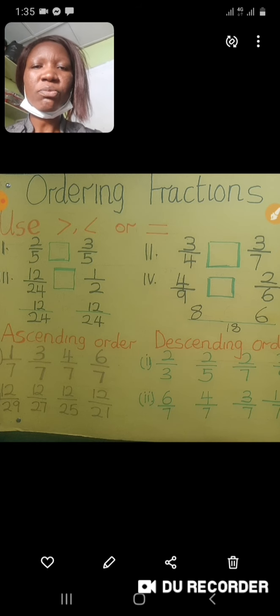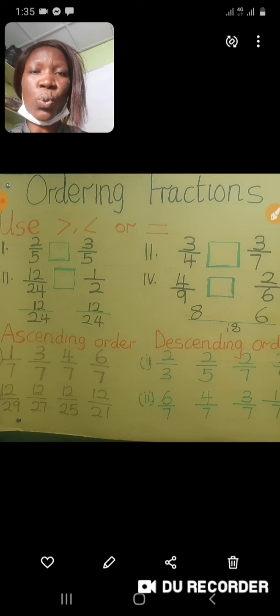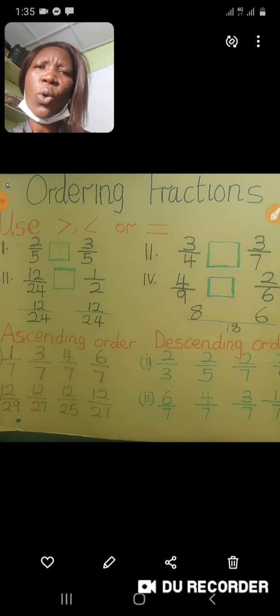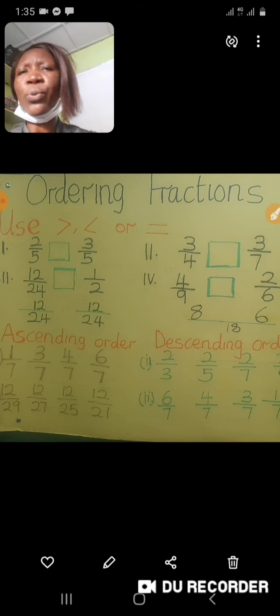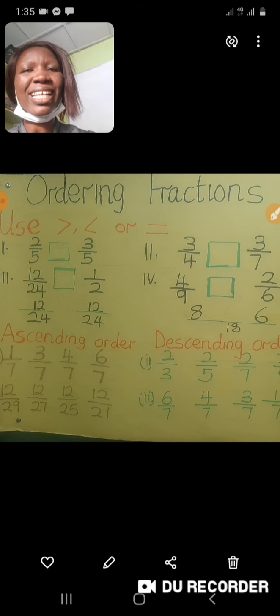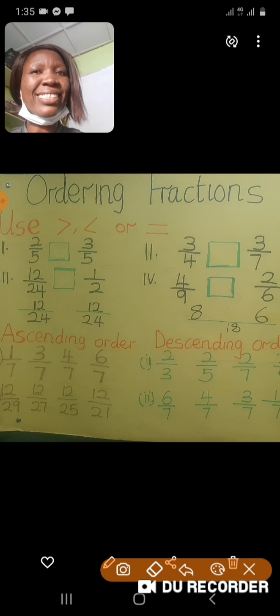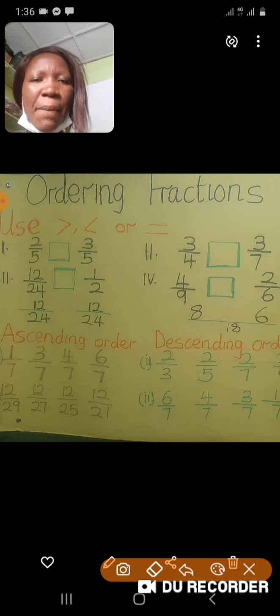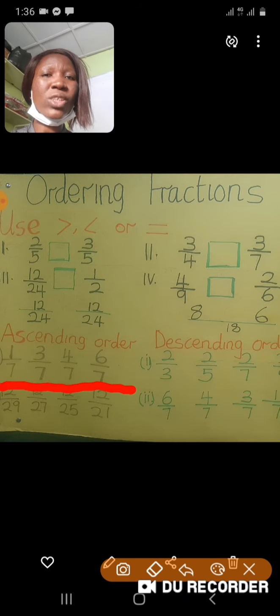All right, without wasting time, I am going to start with the rules. What are the rules? You need to memorize this in your own way. When you have like terms as the denominator, that is, if the denominators are the same, like what I have right here, the denominators are the same.